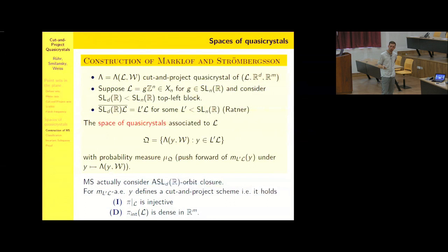And I also want to remark that for almost all Y, we actually have a cut and project scheme, meaning the two assumptions I told you about are satisfied. Questions?